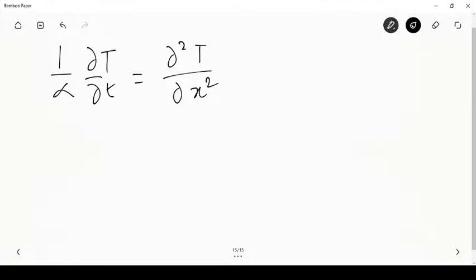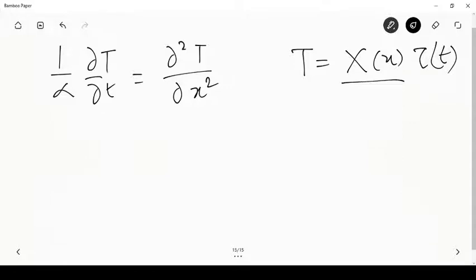I will not go into too much detail of that, but all you do is to write temperature as a product of X, which is a function only of x, and tau, which is a function only of t, and substitute that into this and resolve it into two separate equations, one in x and one in t, and then get the solutions for x and t using ordinary differential equation solution methods, and put them together here.